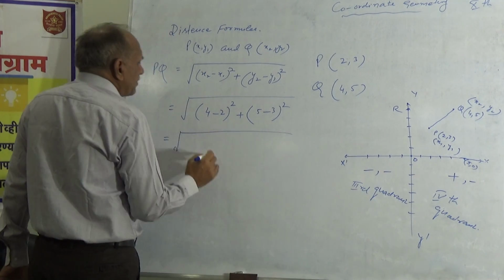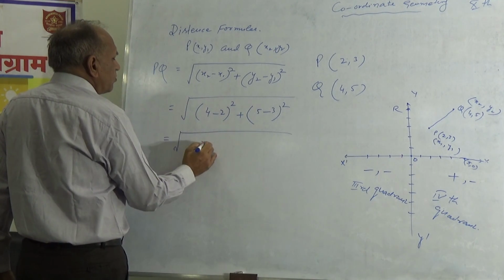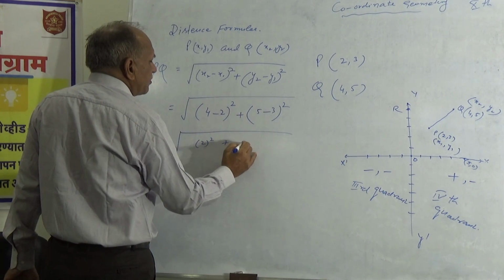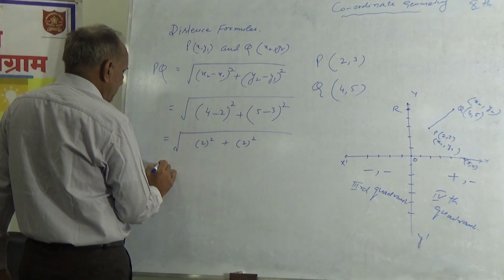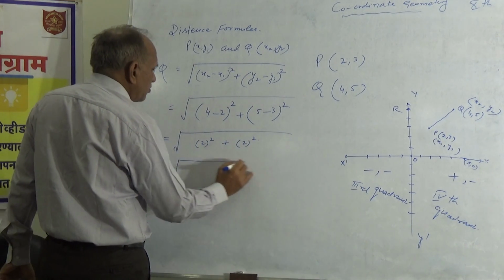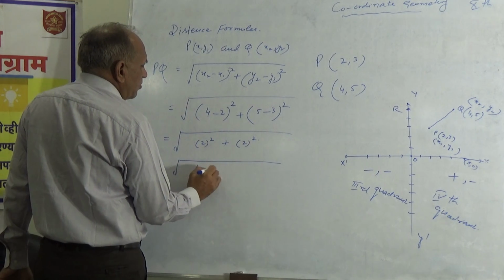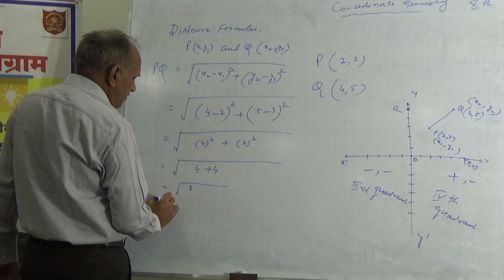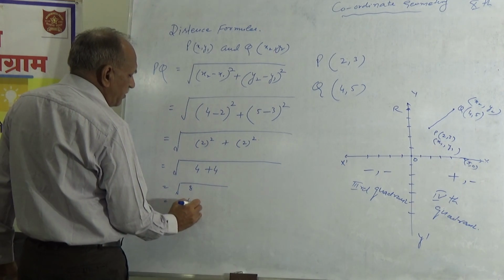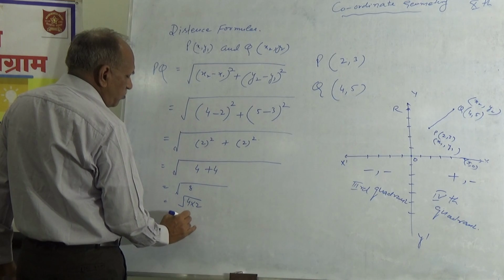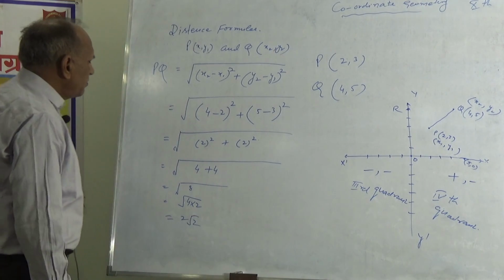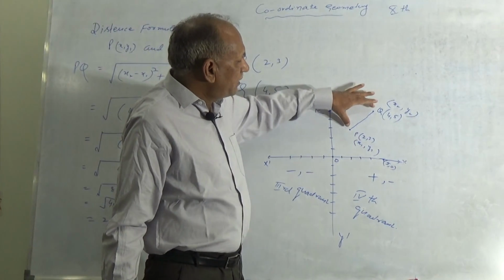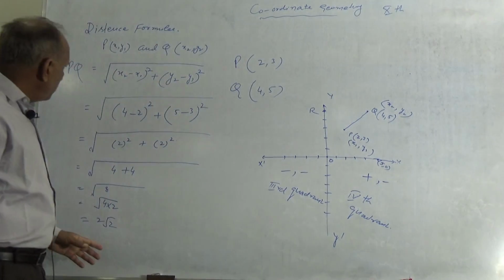Solving further, (4 minus 2) square plus (5 minus 3) square is equal to 4 plus 4, which is 8, which is 4 multiplied by 2, which is 2 under root 2 units. Therefore, this distance is 2 under root 2.